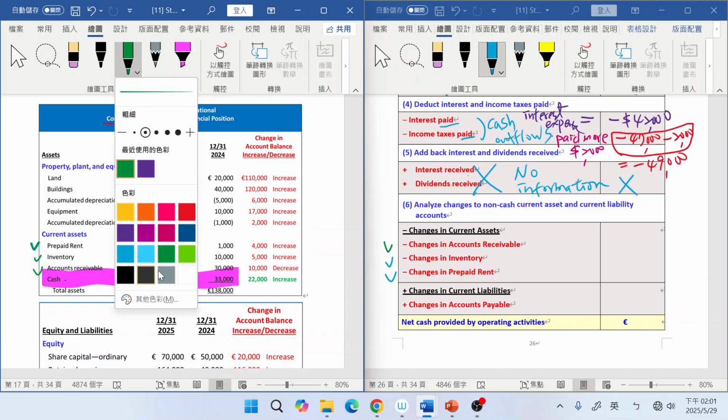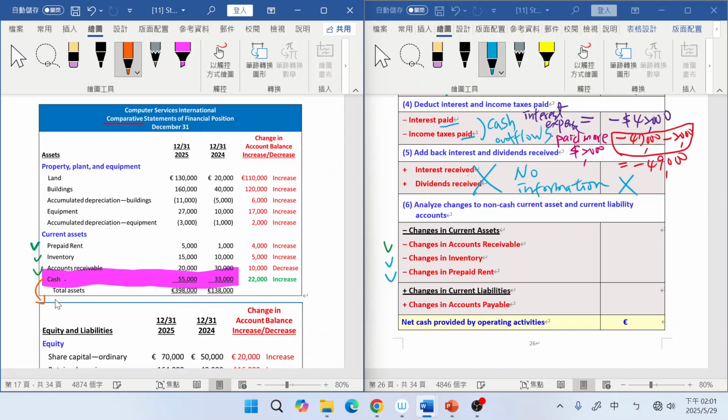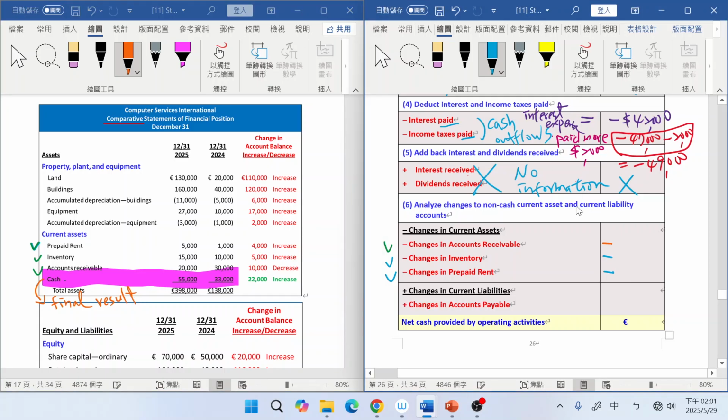But right now, the process we have is want to know the details, okay? So skip the cash because this is our final result. That's why we don't use it to calculate the details again, okay? Any questions?